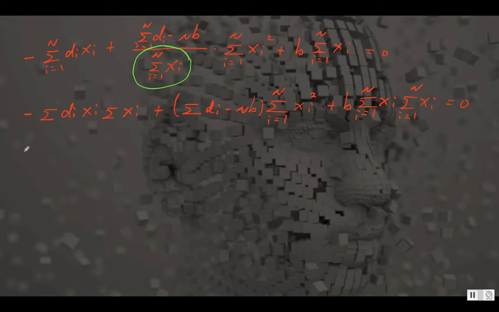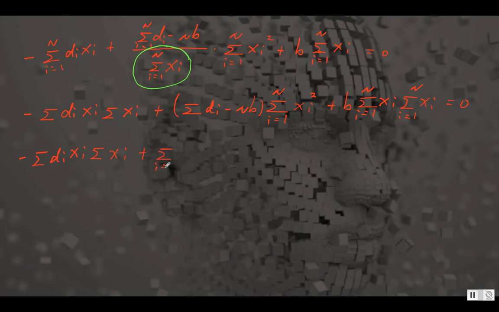And then is equal to minus summation di xi, and summation xi, and then plus this guy multiply this guy.